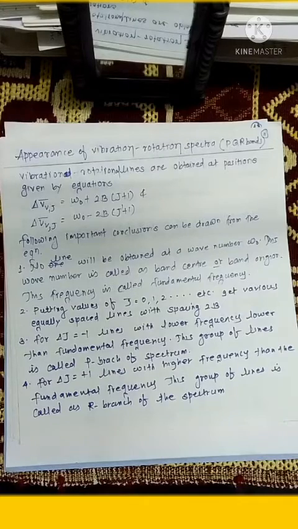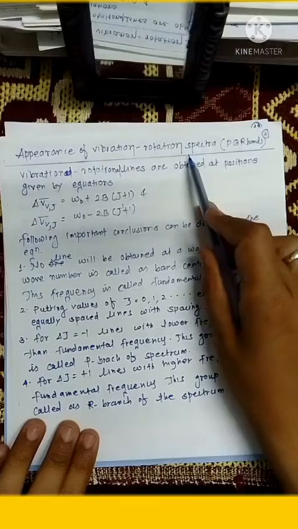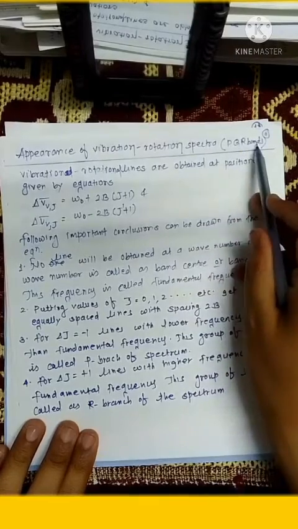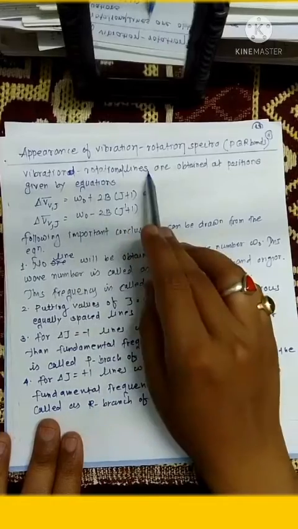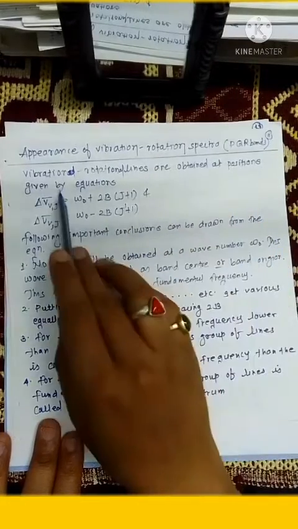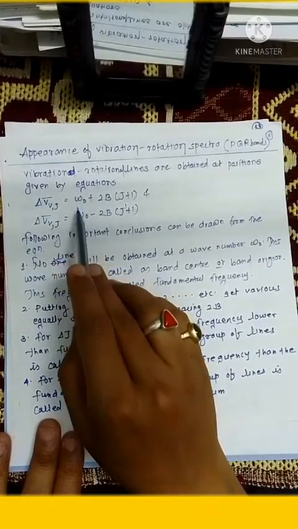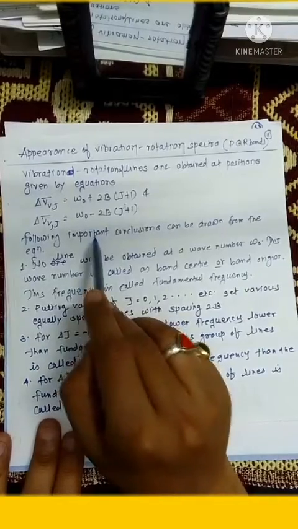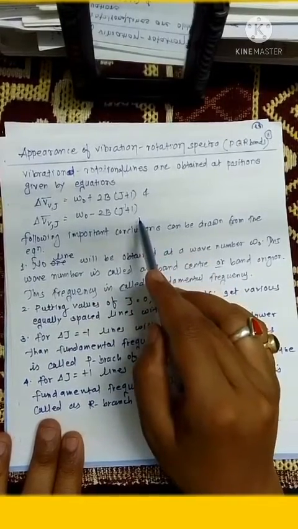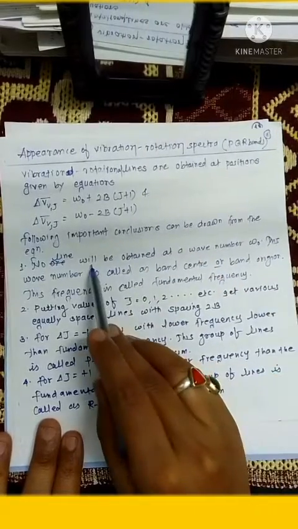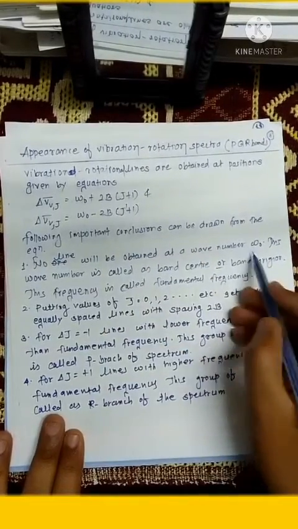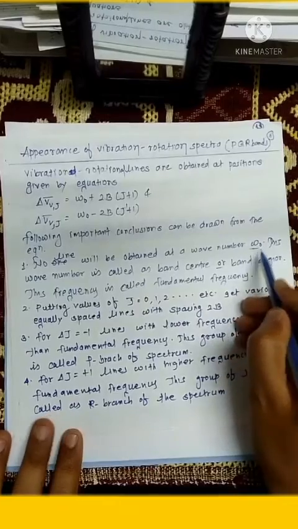So now we are going to discuss the appearance of vibration rotation spectra, that is PQR bands. Vibrational rotational lines are obtained at the positions given by these two equations. The following important conclusions can be drawn from these two equations. No line will be obtained at wave number omega 0.